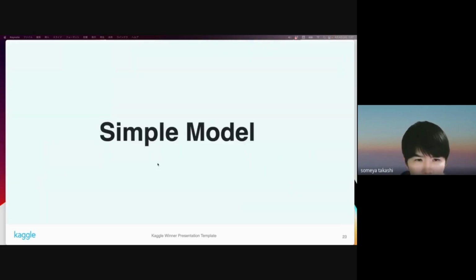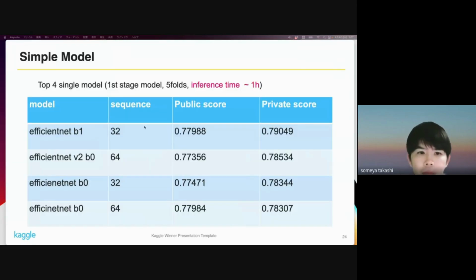Okay, so at last, I will show you a very simple stage 1 model with a very good score. Here are the top 4 single models. Single models here means only the first stage, and also 5-fold models.